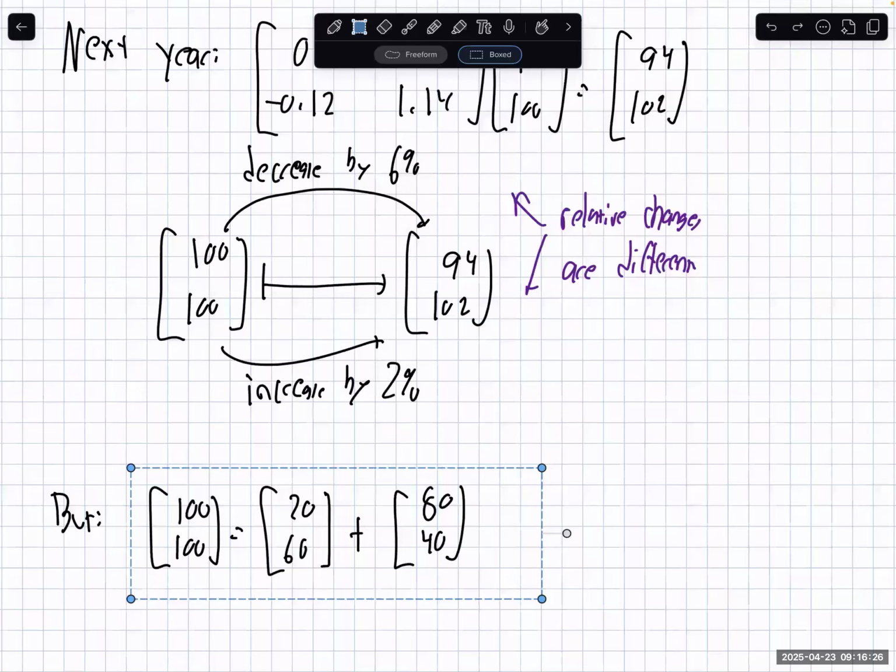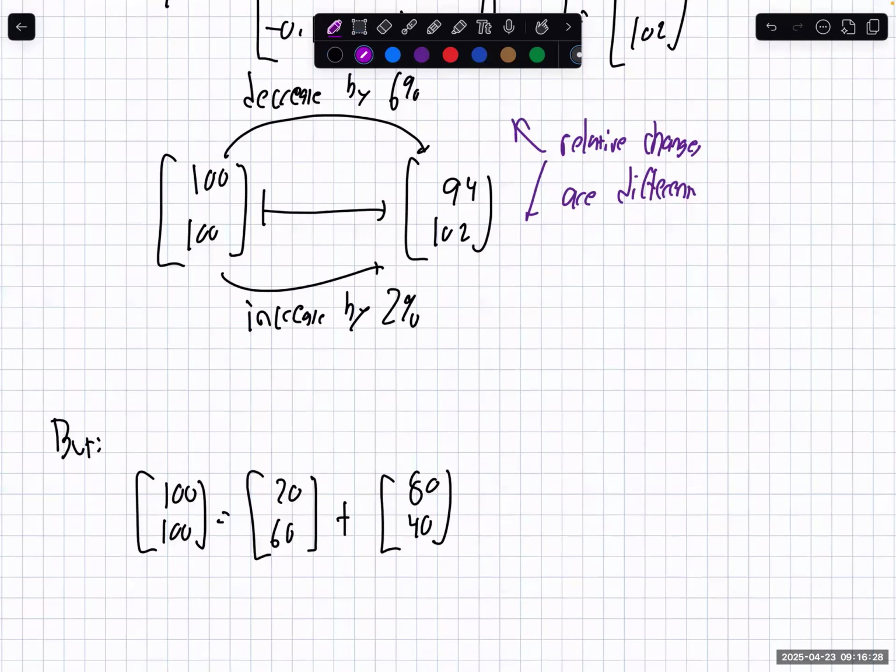This first vector, the coyote to roadrunner ratio is 1:3. That's one of the special ratios.